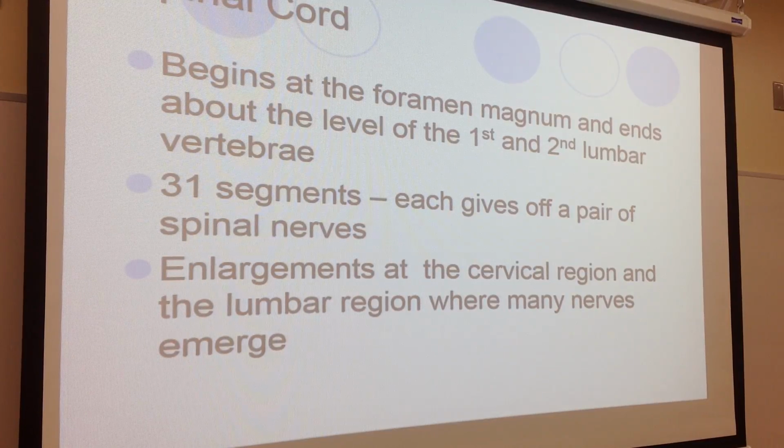There's a cervical enlargement and there's a lumbar enlargement. And those are mentioned there in the diagrams in the book. You'll notice the cervical enlargement in the cervical region and the lumbar enlargement there in the lumbar region. And the reason for the enlargement means it's larger diameter in those areas because there are more nerves emerging from those particular areas than the others.